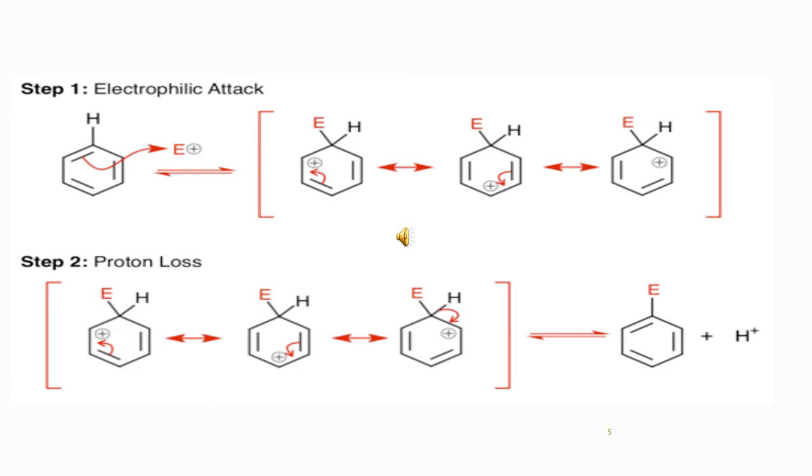In turn, the aromaticity is regained and hydrogen is moved away as an H positive ion, and the electrophile is attached to the ring. This is all about electrophilic aromatic substitution.